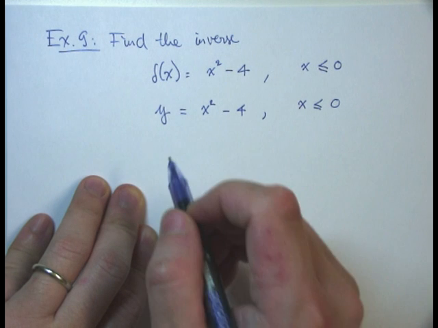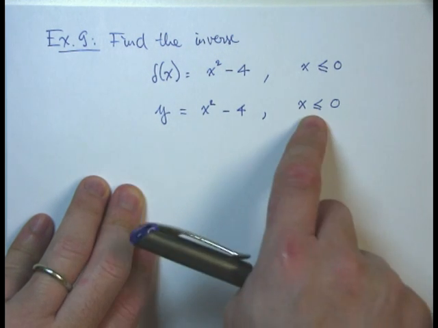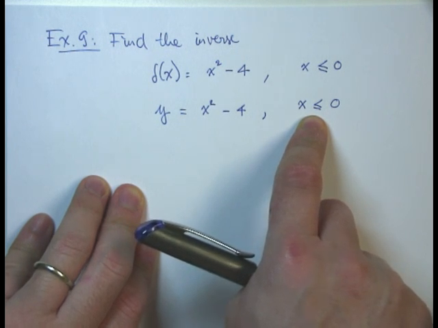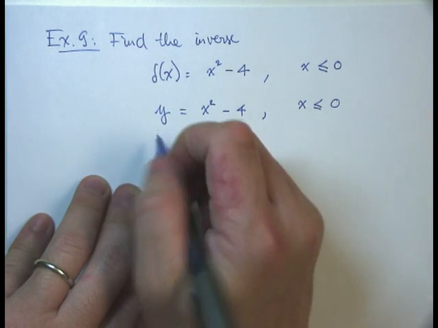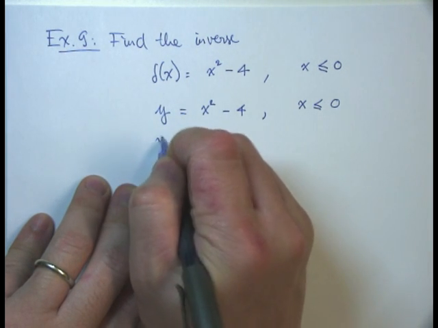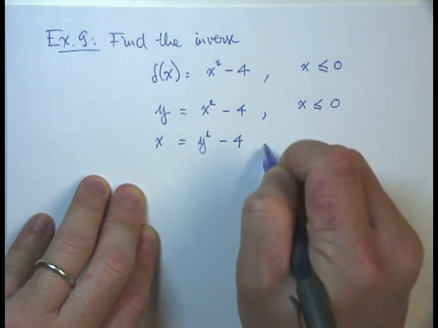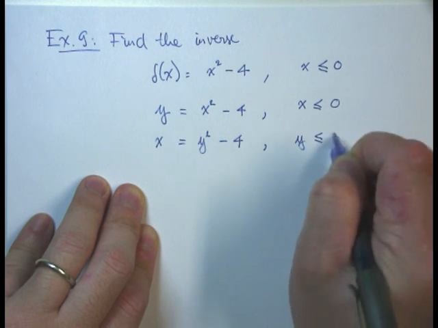When you're interchanging x and y, make sure every x, including the x that appears in the condition, also gets switched over to a y. So my equation together with the condition becomes x equals y squared minus 4, comma, y less than or equal to 0.